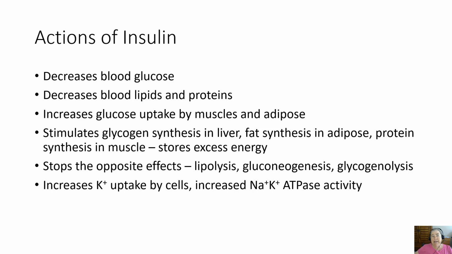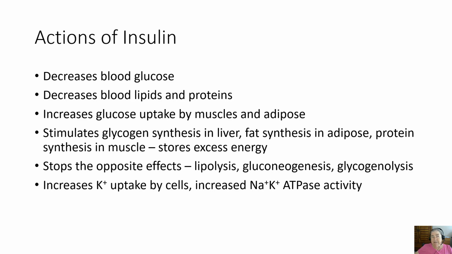There is an increase, particularly in glucose uptake by muscles and adipose tissue. We have an increase in the synthesis of glycogen in the liver and in muscle. We also have fat synthesis in adipose cells and protein synthesis in muscle. And all of these are helping to store excess energy for when it's needed.